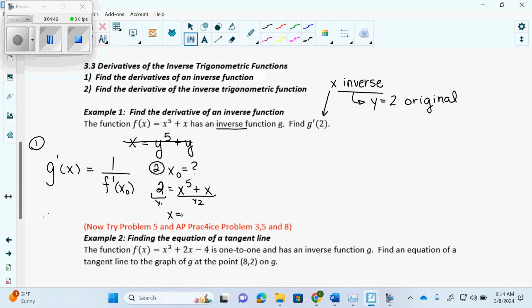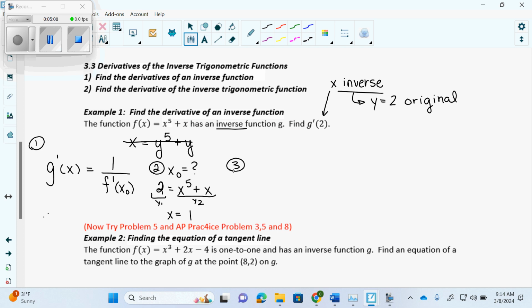It equals 1, correct? When they intersect, it's 1. Yes? Your third step is to fill in the formula. You'd have to do synthetic division, and then you'd have to use your plus or minus 1, plus or minus 2 factors and see which one gets your remainder of 0.